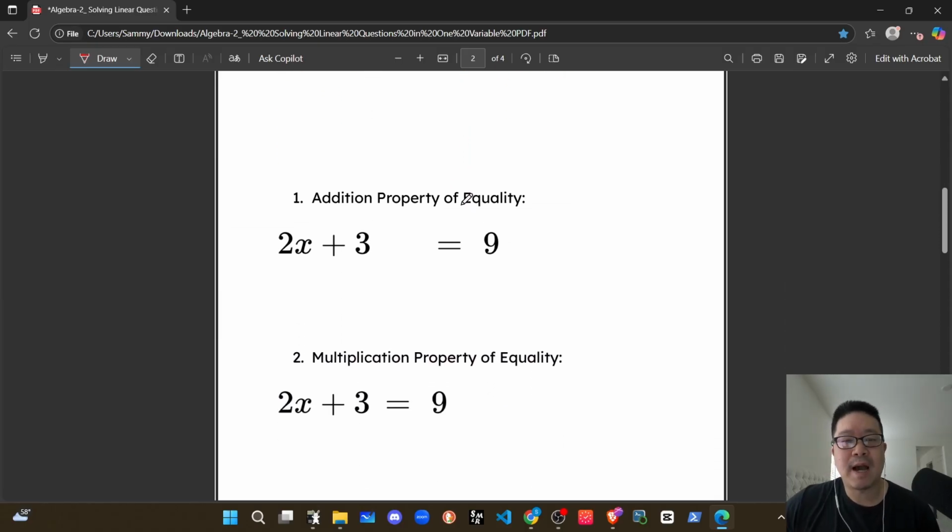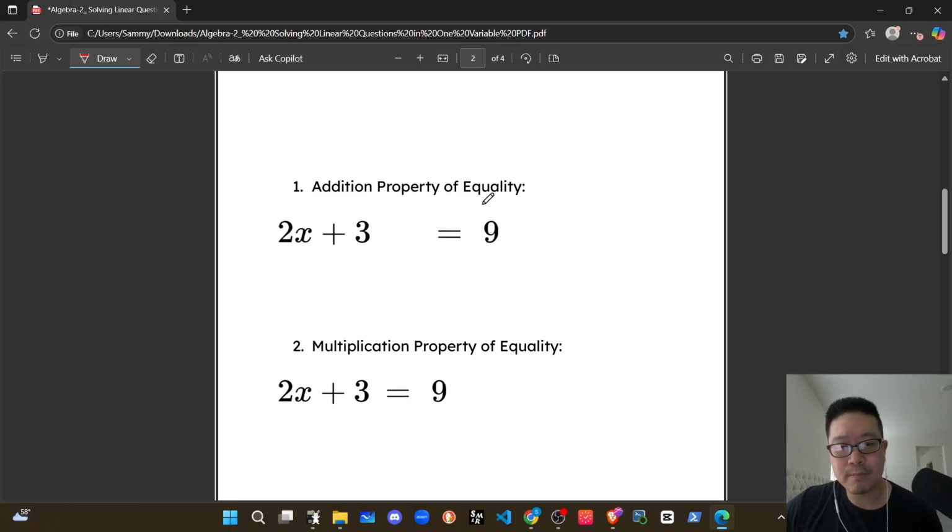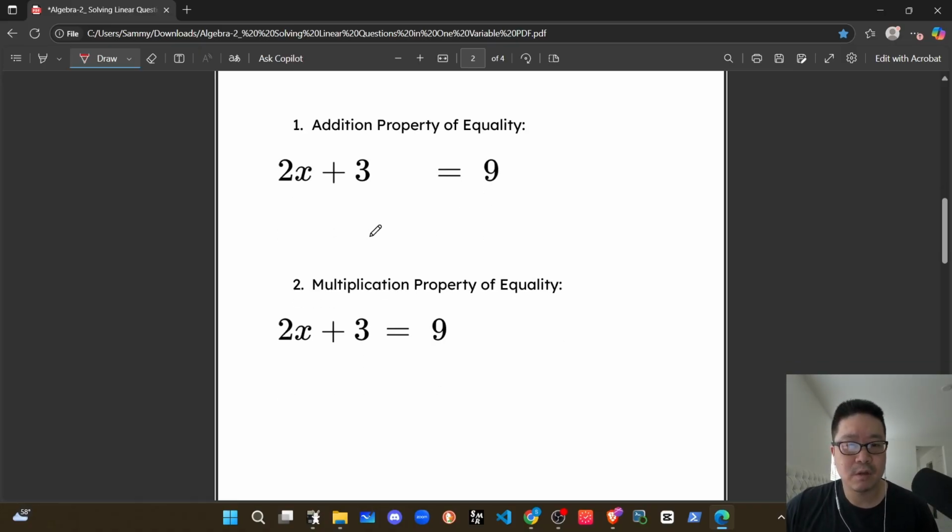Before we move on, I need to go over two very important properties of equations. The first one is the addition property of equality. It basically says whenever you add or subtract a number to one side of the equation, you must also do it to the other side of the equation.